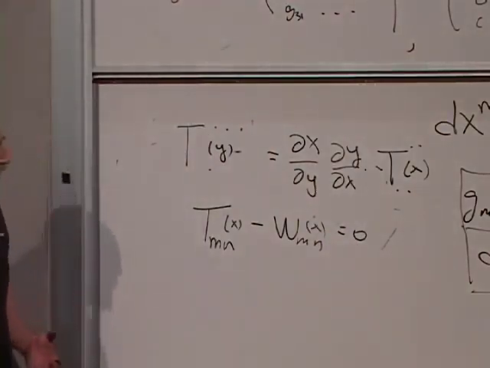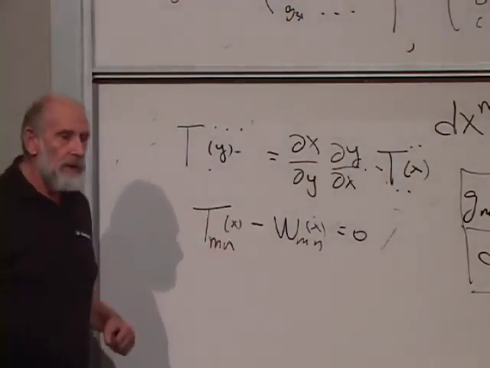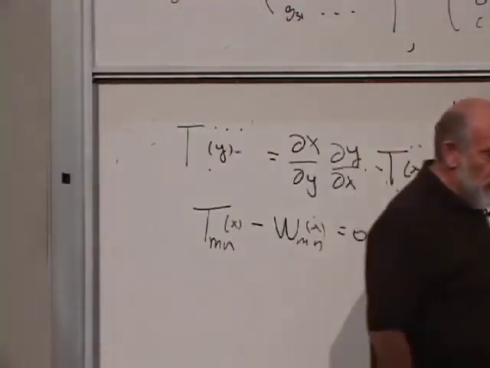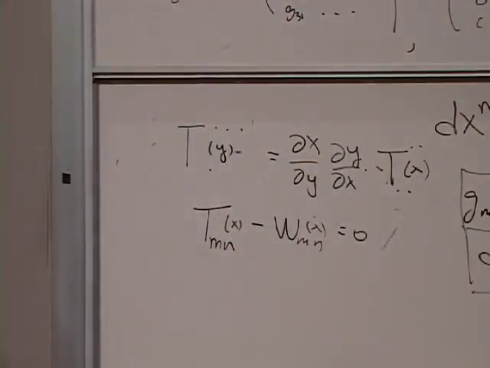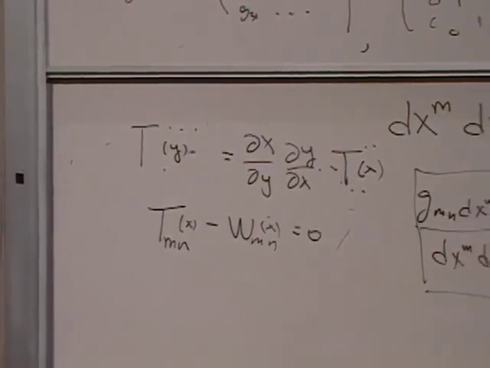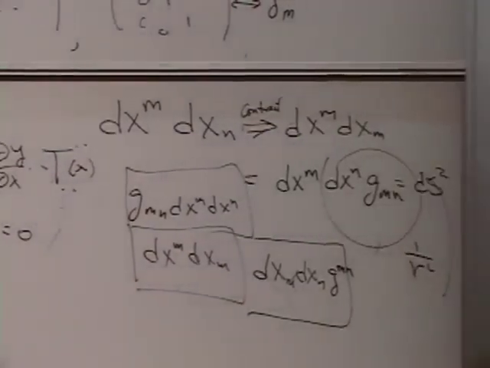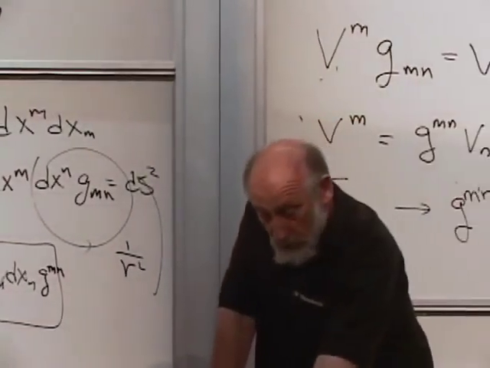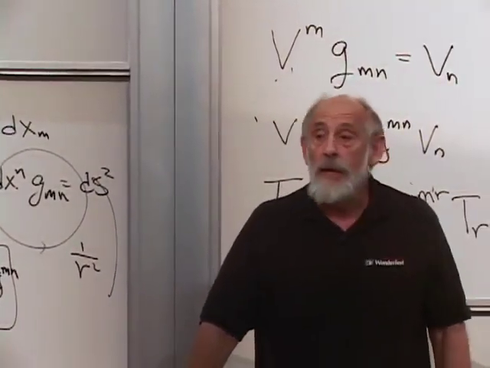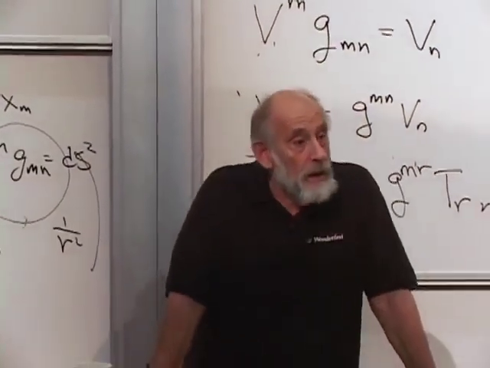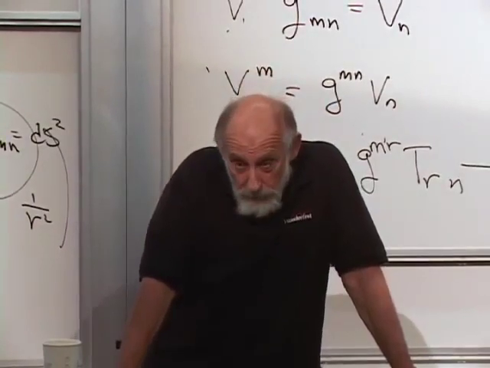Then the difference is going to be 0 in every coordinate system, which means that the tensors are equal in every coordinate system. So once you prove a tensor relationship, namely that the left-hand side of an equation is equal to the right-hand side in one set of coordinates, it's true in every set of coordinates.